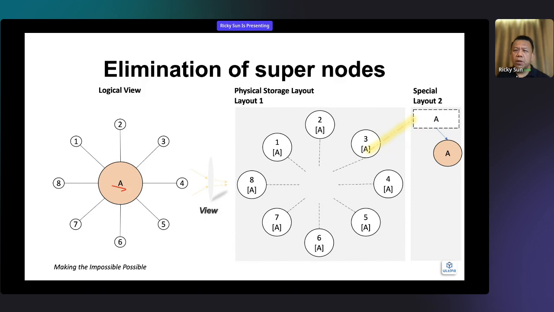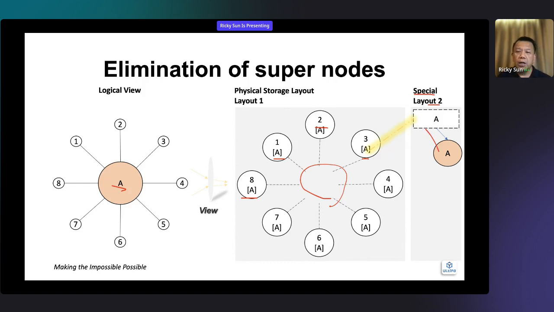So in the physical storage layout, if we are assigning all the vertices who used to be connected with supernode A, attaching, it's very much like an additional attribute or property field to each node, right? And we can eliminate that node, and that node can be just stored once somewhere else, right, in a special layout too, right? That's how we do this kind of elimination of supernode.